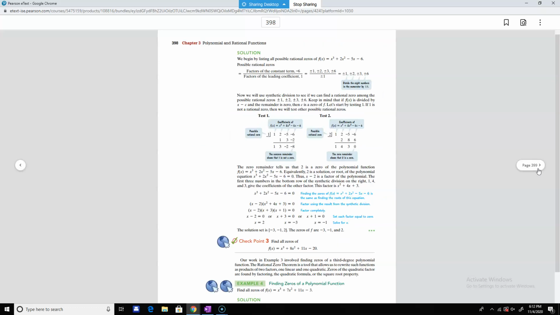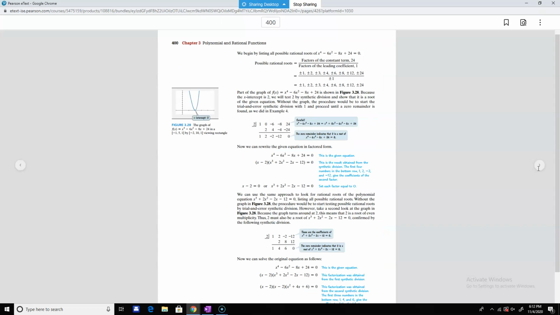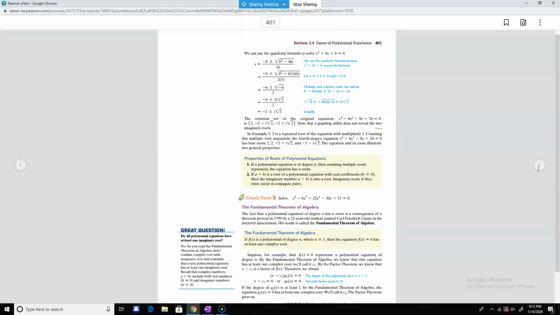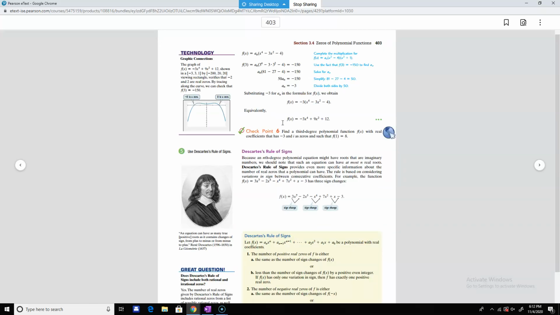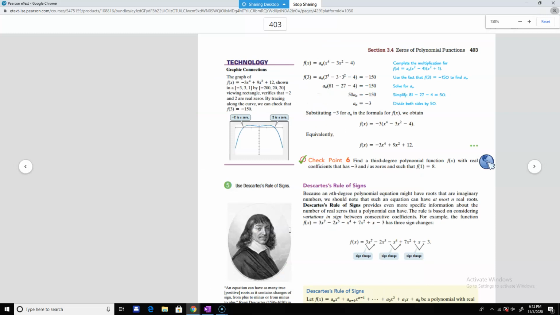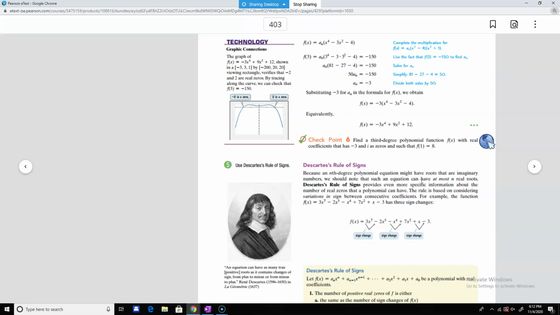We're looking for Descartes' Law of Signs. Descartes' Law of Signs. Here we go. There's Rene Descartes. And this zoom feature is not great.